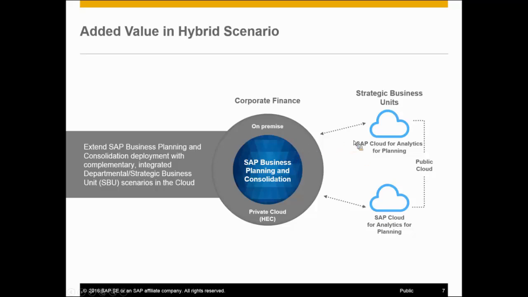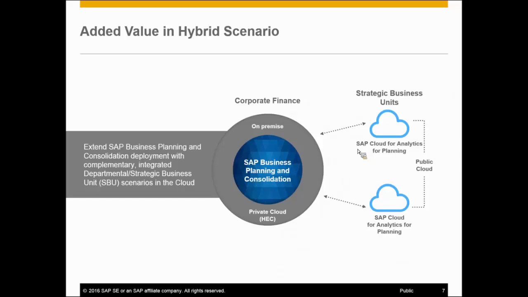And of course, you can schedule how frequently you want to do this data transfer, how frequently you want to keep this data in sync between your on-premise BPC and your Cloud for Analytics for Planning. So this mechanism is built in and available to you out of the box, and I will show you when we go to the system, in case you have missed it in an earlier session.